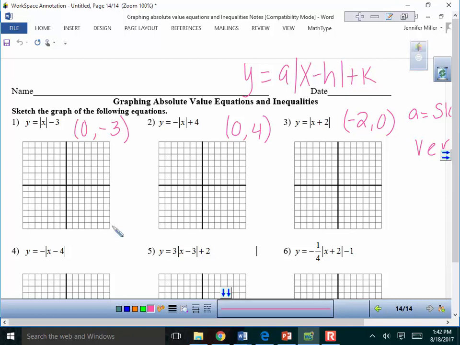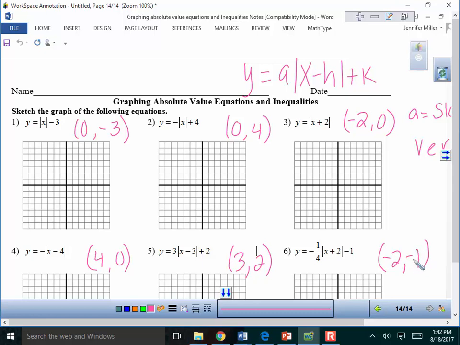Meyer, number 4, what's the vertex? Very good. Kennedy, on number 5, what's the vertex? 3, 2. Very good. And on number 6, could you tell me, Deja, what the vertex is? Right, good. -2, -1.